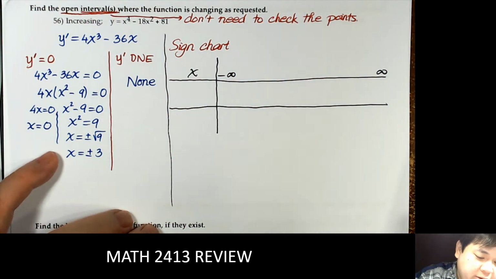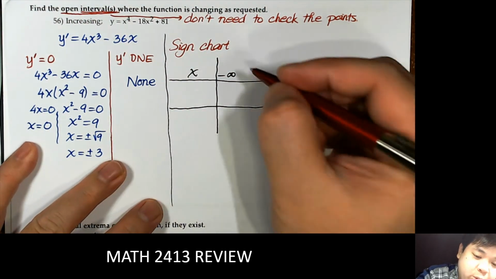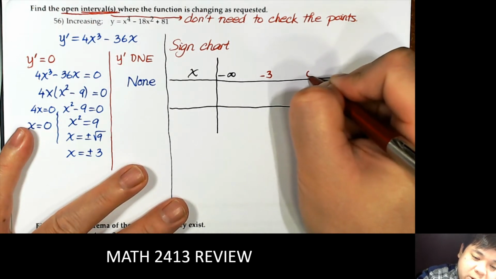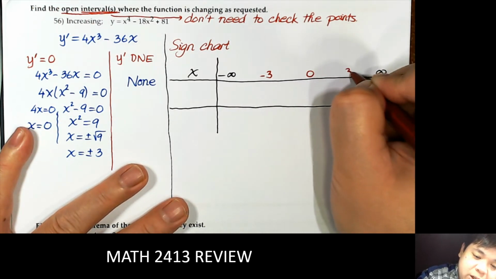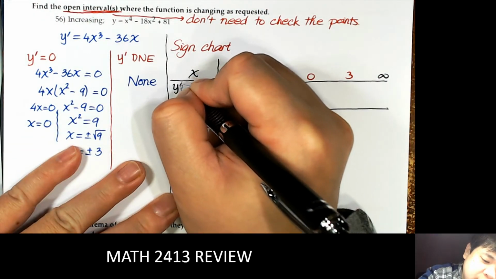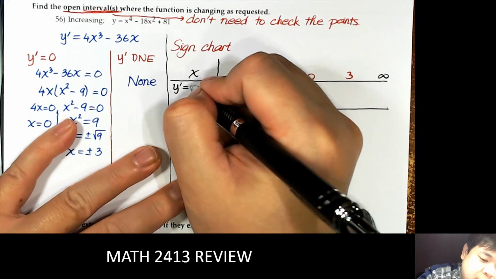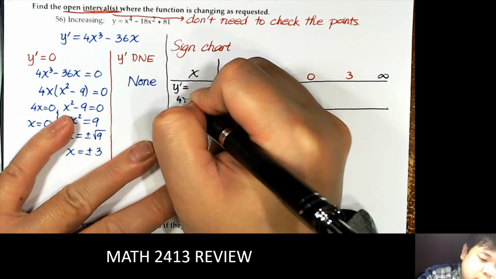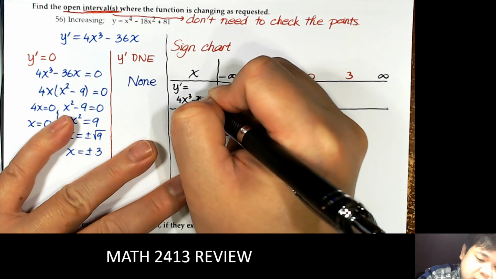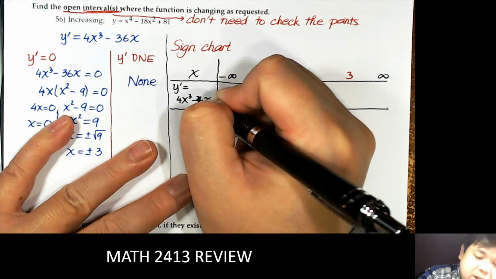The points we have are 0, negative 3, and 3. Just put them in the right order: negative 3, 0, and then 3. And the derivative, 4x cubed minus 36x, that is the derivative.